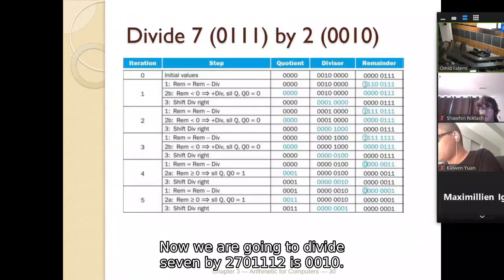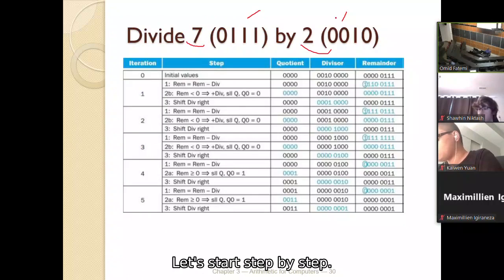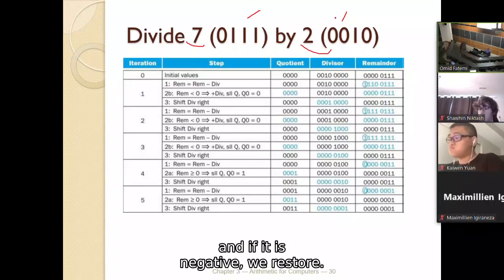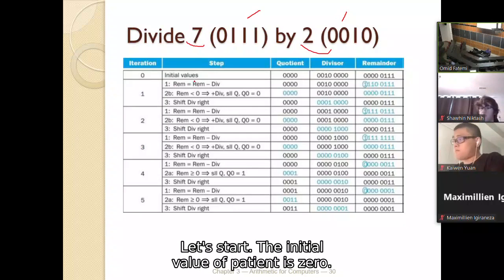Now we are going to divide 7 by 2. 7 is 0, 1, 1, 1. 2 is 0, 0, 1, 0. So let's start step by step. In each step, we subtract, and if it is negative, we restore. So let's start. The initial value of quotient is 0.